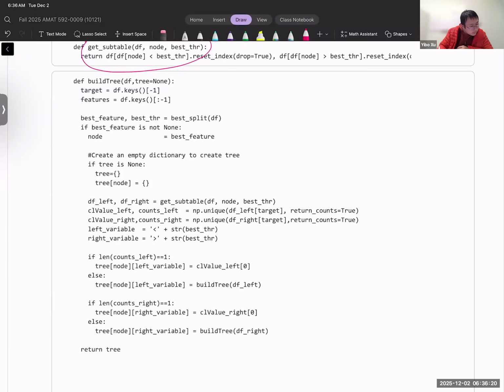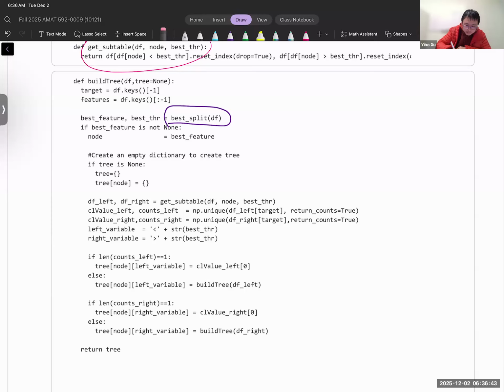So the thing here is, there isn't really much to say, but we need to do the best split for all the data to get the best feature and the best threshold. That's the initial step. That's the first node, the root node that we need.